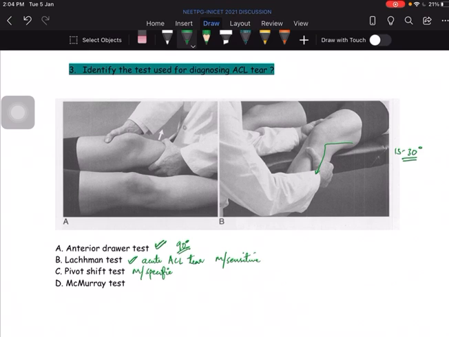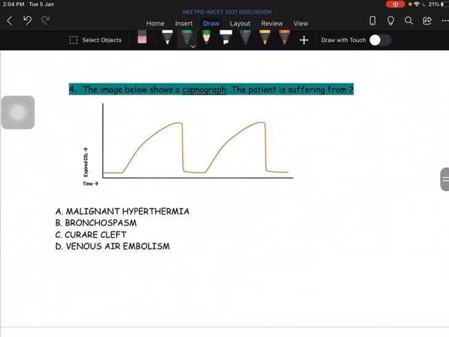But it is not used in acute injury, because there will be a lot of pain and exacerbation of the injury in the anterior drawer test. McMurray's test is a provocative test in meniscal injury, meniscal tear.